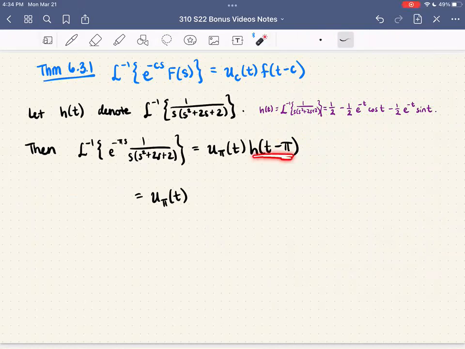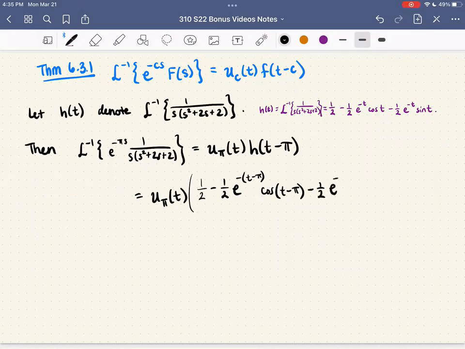Now, h of t minus pi is this expression, but wherever I see a t, I'm going to write t minus pi. So we have 1 half minus a half e to the negative, and now I have a t there, so I'm going to write t minus pi in parentheses, cosine of t, but I'm going to write t minus pi, minus a half e to the negative t minus pi in parentheses, sine of t minus pi.